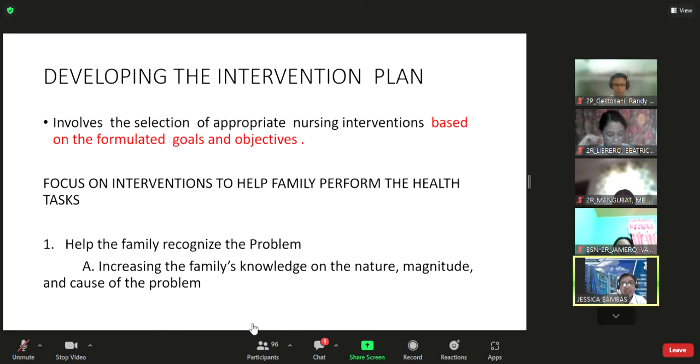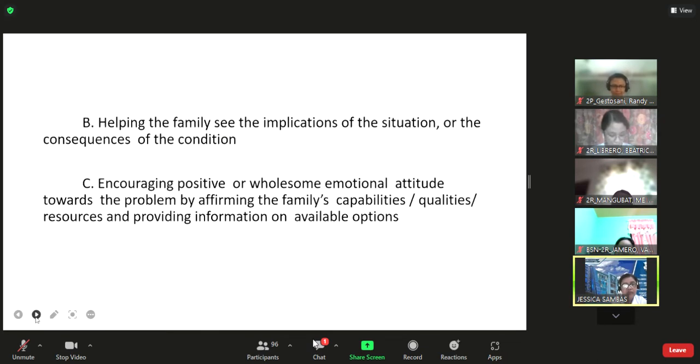That is why it is very common to discuss with the family. Okay? Teach the family. Usually, those are our statements in our intervention. So, we need to increase their knowledge because they don't recognize it as a problem. They don't understand the magnitude, the gravity of the consequences if we do nothing. Now, helping the family see the implications.